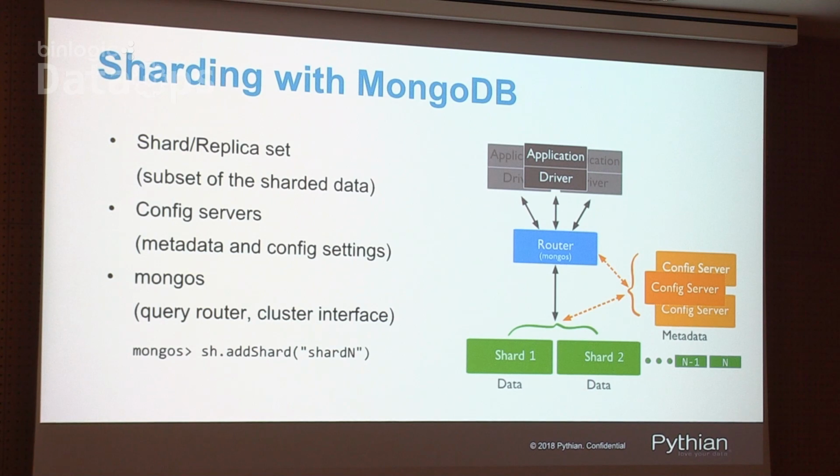In a MongoDB sharded cluster, there are 3 components. The first component is the shards, which are replica sets as we know them for high availability. The second component is config servers, and the config servers store the metadata for the cluster. So when we shard and partition the data across multiple shards, config servers store all the information about what document exists on shard 1 and on shard 2 and across all of the shards.